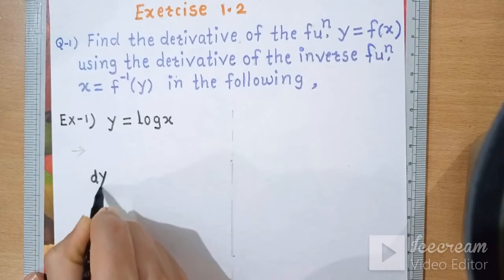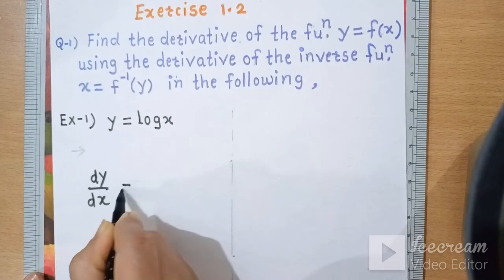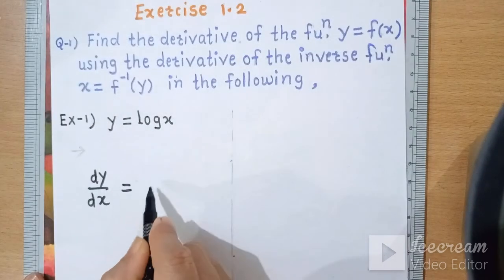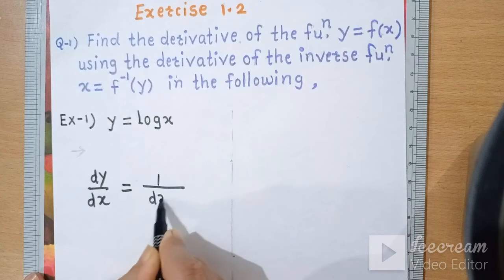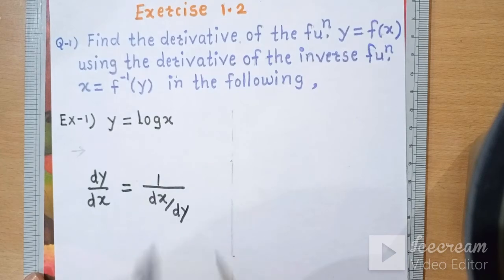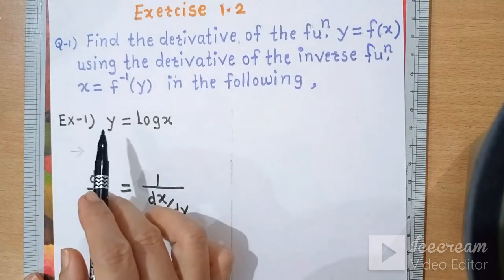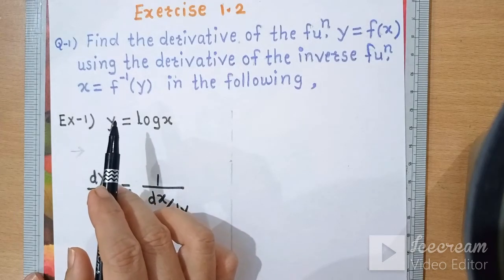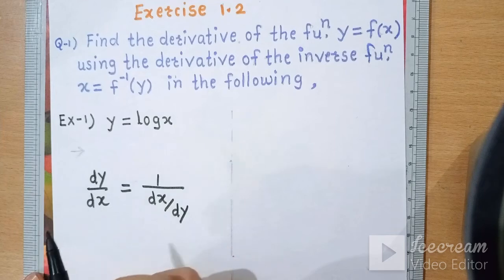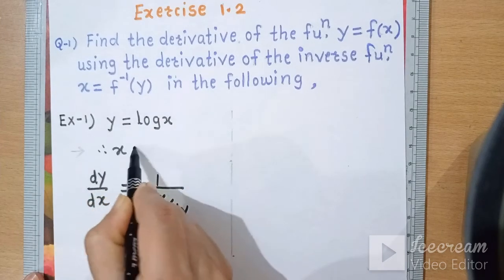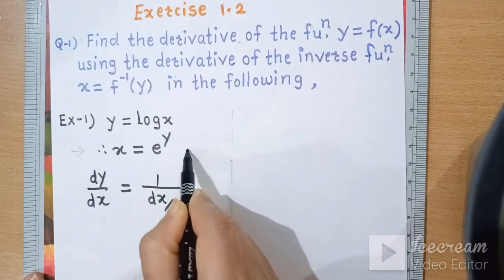So dy by dx is equal to 1 upon dx by dy. We will use this formula. So first we have to find dx by dy, so we need the x function. From this function we will first express x as a function of y. Therefore x is equal to e raised to y.